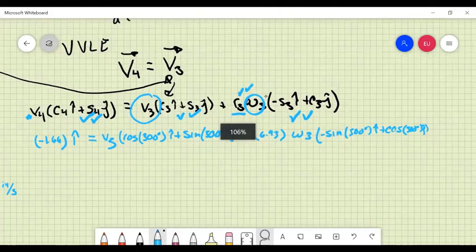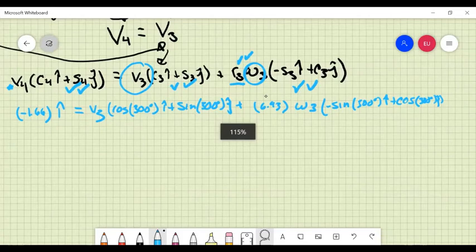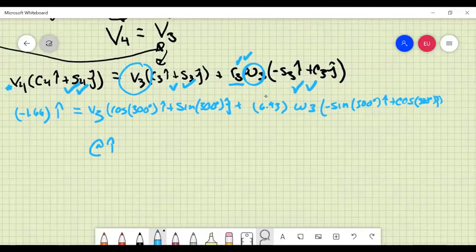Okay, that's the substitution. Now I can split this into whatever happens horizontally and whatever happens vertically.